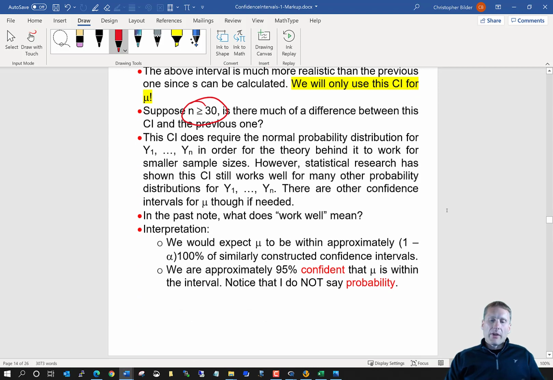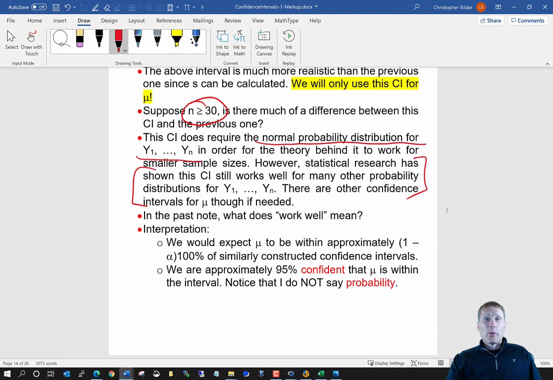Okay, so the confidence interval does require the normal probability distribution for y1 through yn. That's how we get this t expression. But I've kind of already said this before. Often I give exercises to students to demonstrate this on their own so that they don't just take my word for it, but can see that this is true.